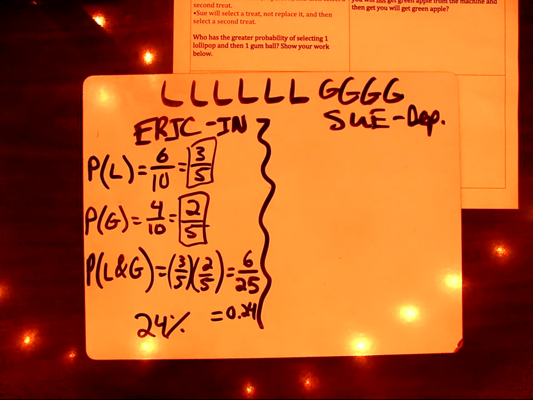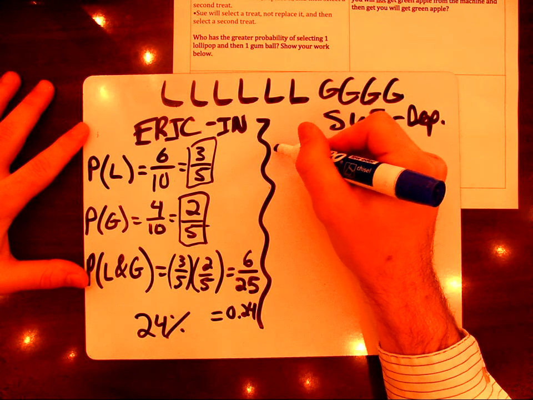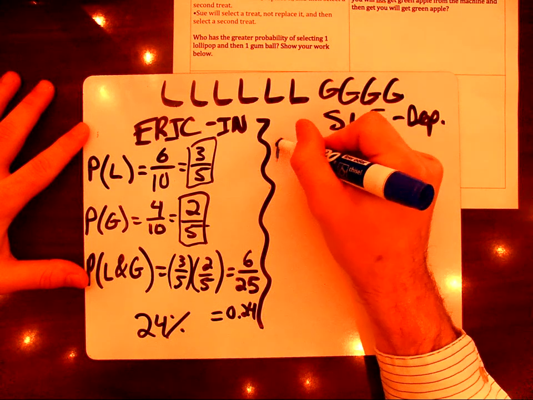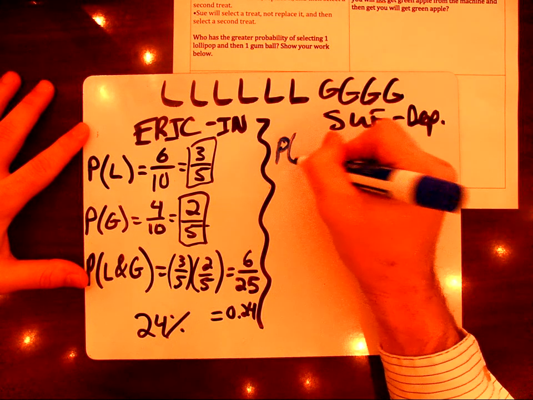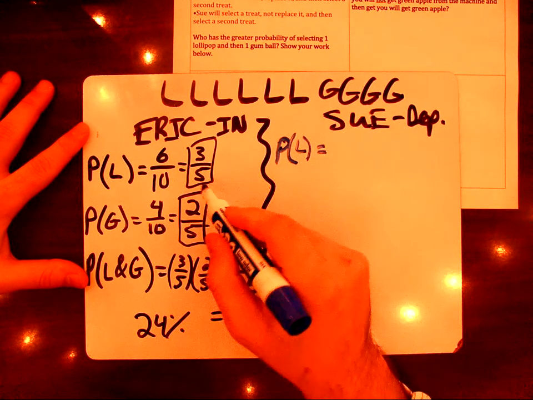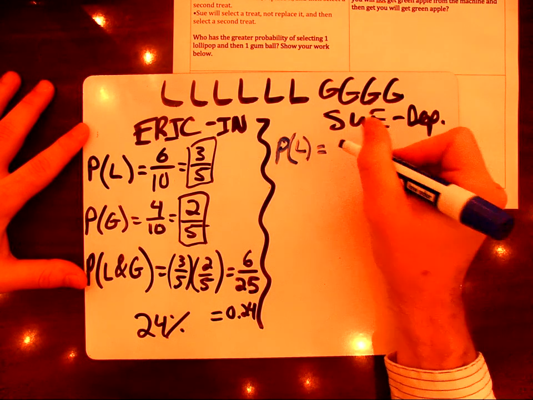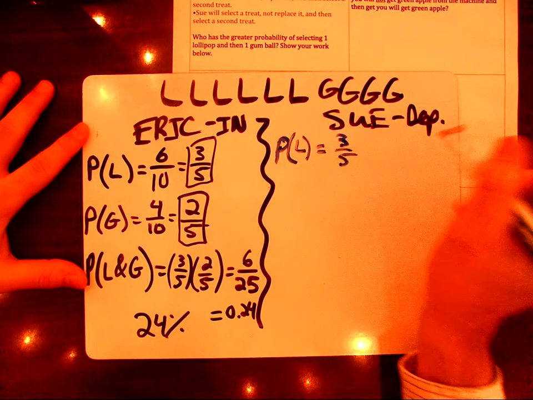Let's see what Sue will get. I'm going to do blue for Sue. A similar setup: the probability of picking a lollipop is actually going to be the same since we're starting with the same sample space, so we already know that's 3 over 5.